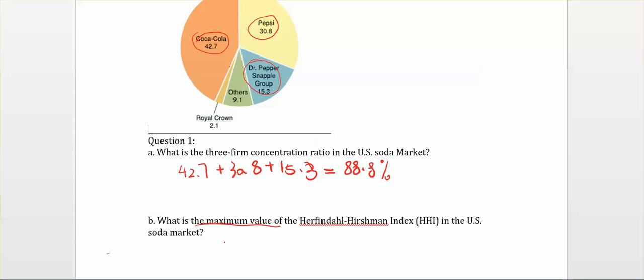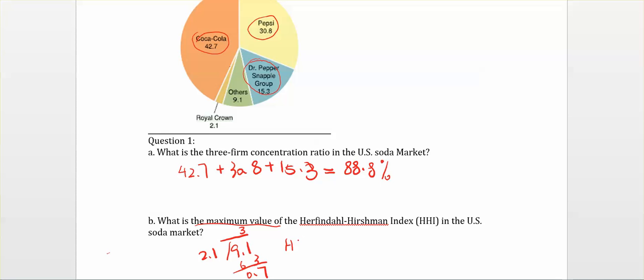If we use 9.1 divided by 2.1, we will get 3 and left 0.7. So we can have 3 firms take up 2.1% market share, and the left one firm have 0.7 market share. By doing that, we can maximize the value of the HHI.